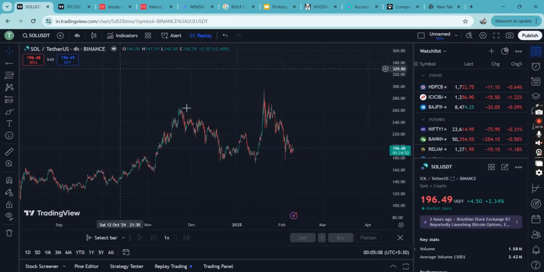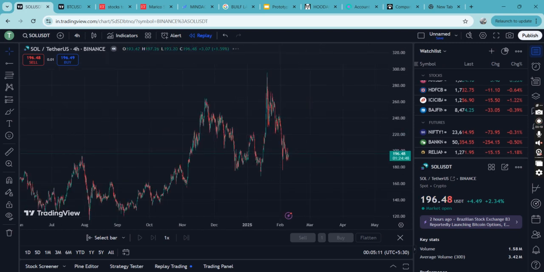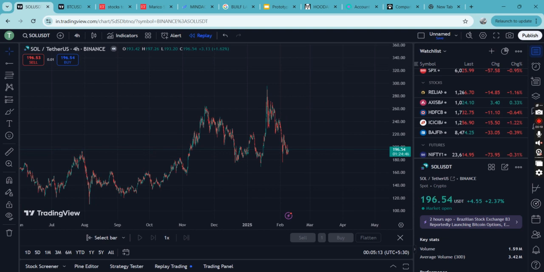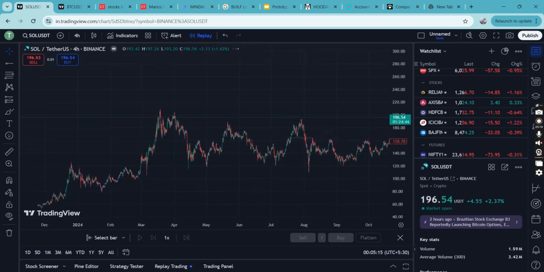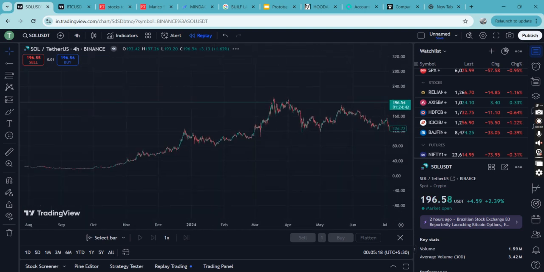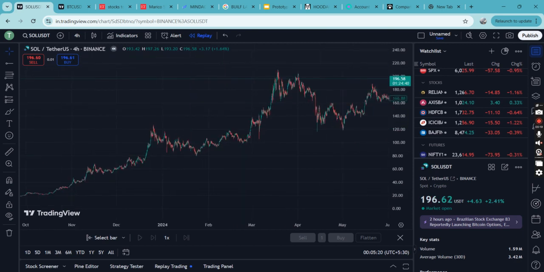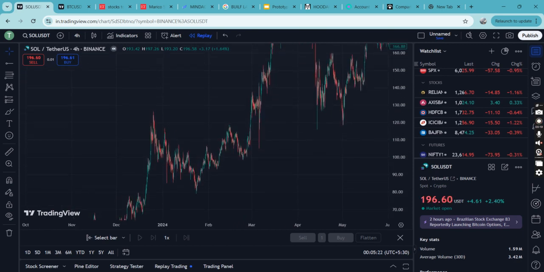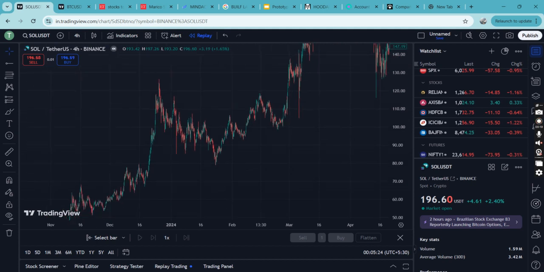Let me open a chart of Solana, which is a live chart. Let me give you an example. Okay, we can consider this to a certain level. Now if you take a chart, there is a higher high, there is a lower high and a higher high, and the same with it.